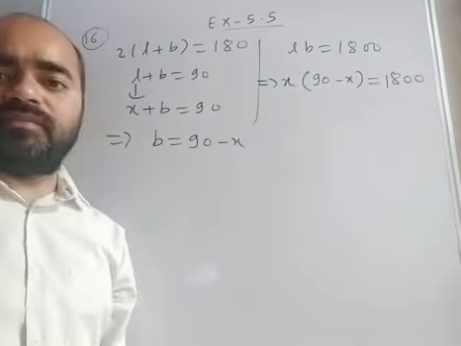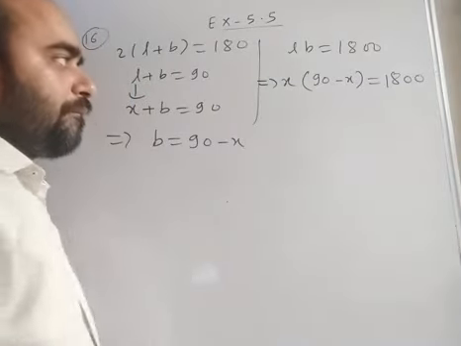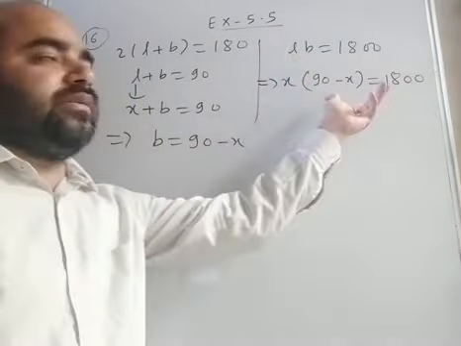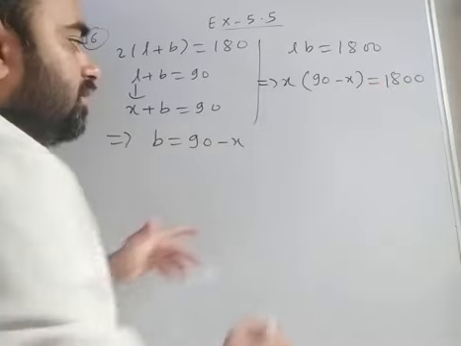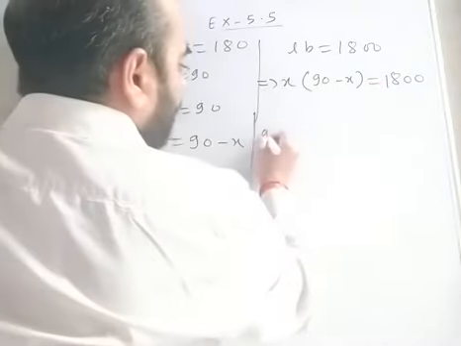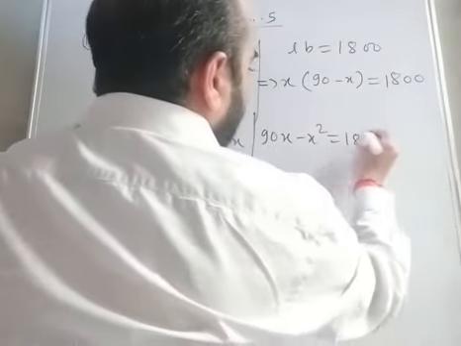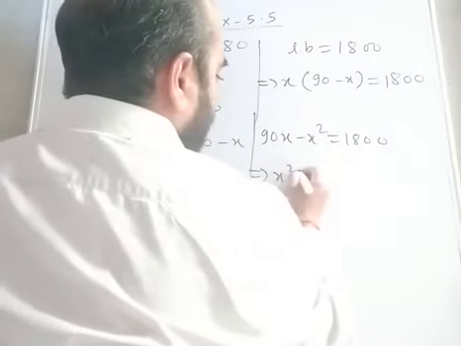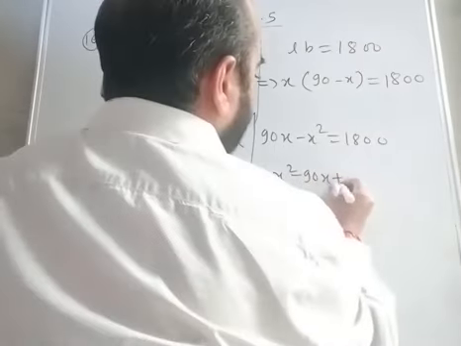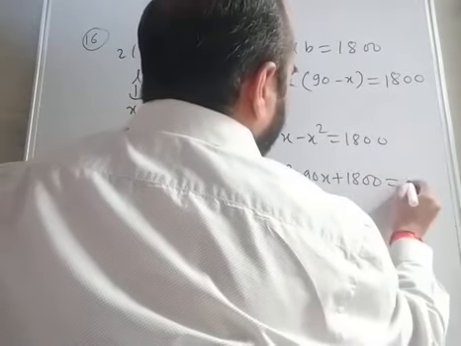Understood? Correct? Now multiply, the final equation will be 90x - x² = 1800. It means x² - 90x + 1800 = 0.